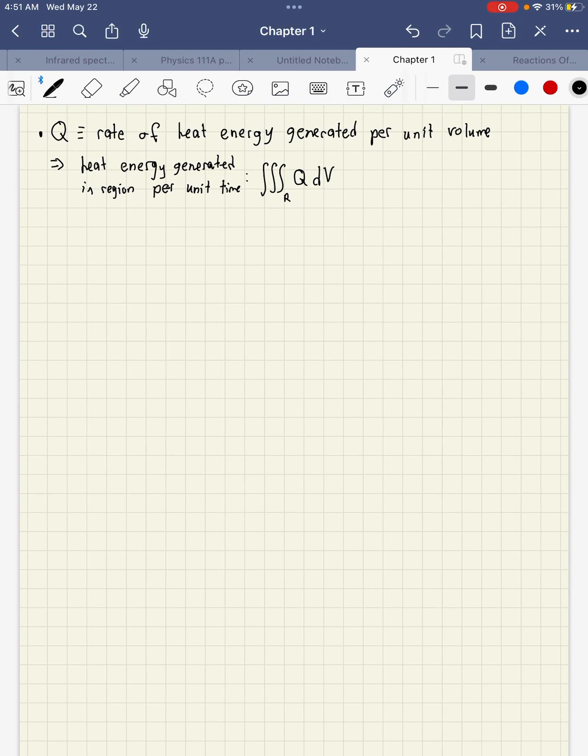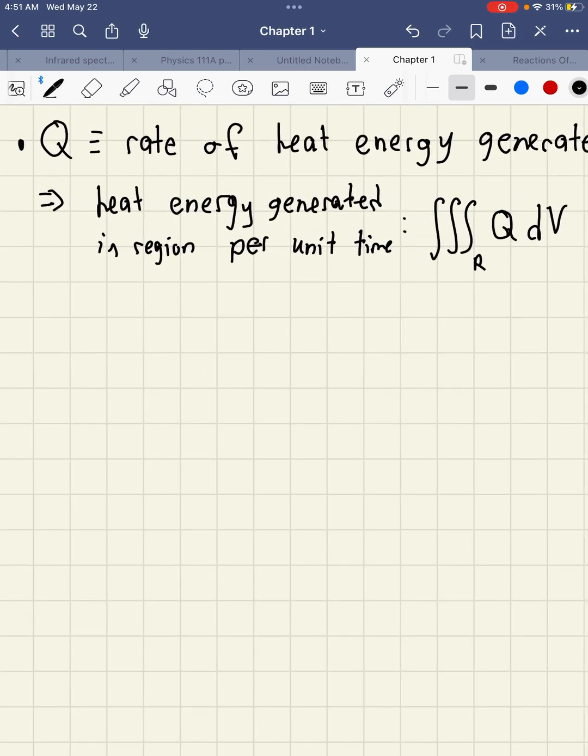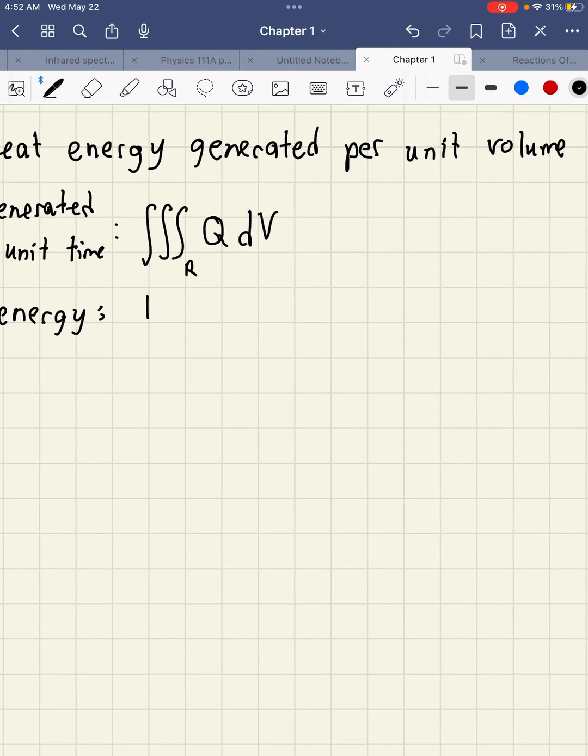So therefore, now that I have everything here, I'm going to rewrite that into my heat equation. Now I substitute all the symbols I have instead of my words. So conservation of heat energy becomes the time derivative of my volume integral of c rho u dV.